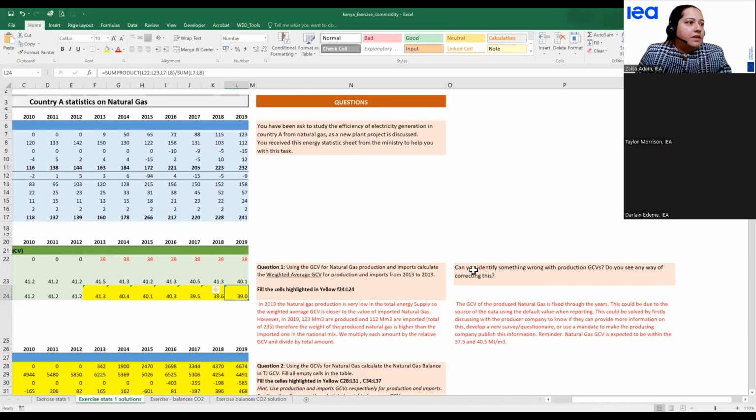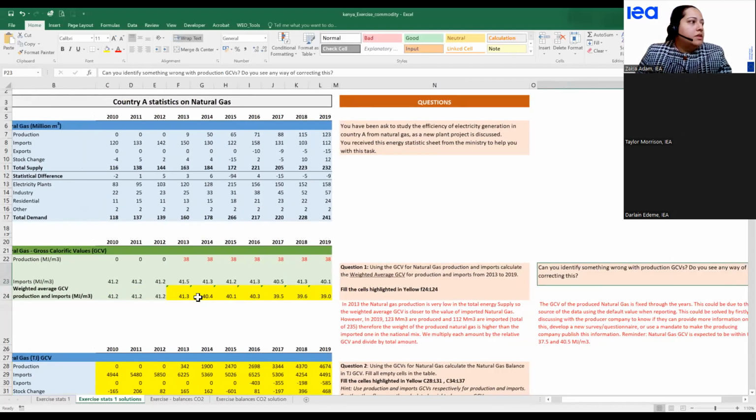So then there's the second question. Can you identify something wrong with the production gross calorific values, and what are the options to correct this? Here, what we see is that from 2013 to 2019, it's the same calorific value, 38 megajoules per cubic meter.